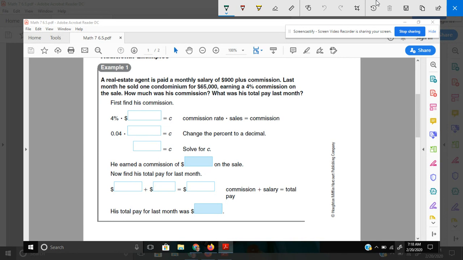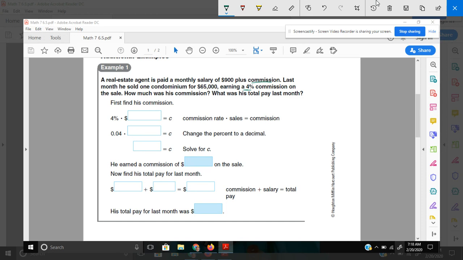But they get this commission added on top. Last month he sold one condominium for $65,000 and he earned 4% commission on that sale. So he makes 4% of $65,000 plus his $900 of base salary. How much was his commission? And what was his total pay last month?